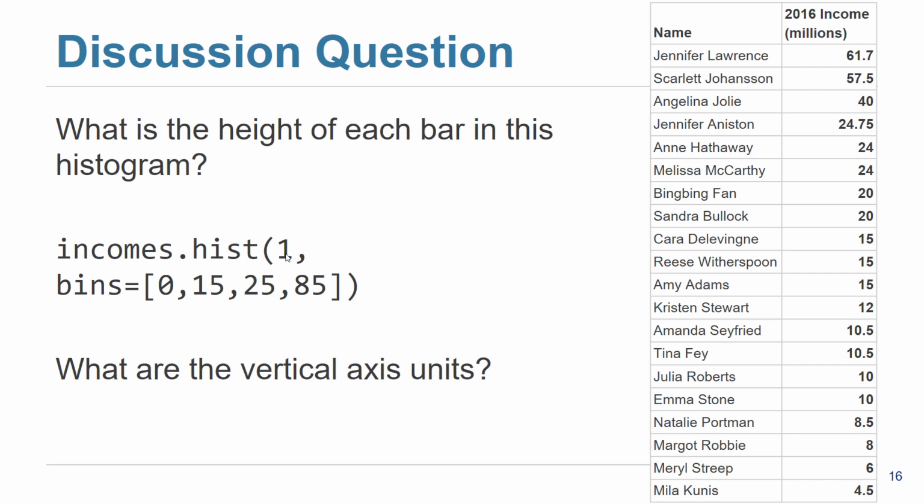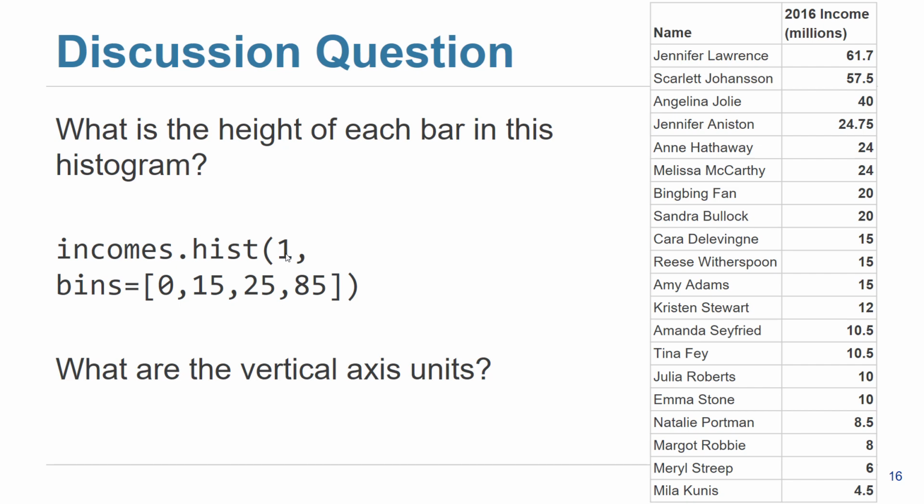12. Okay, is that a third answer or second answer? Okay, 12. Why is it 12? We have 12 incomes between 0 to 15. Okay. Is that true? How do we count? How do we get the height?